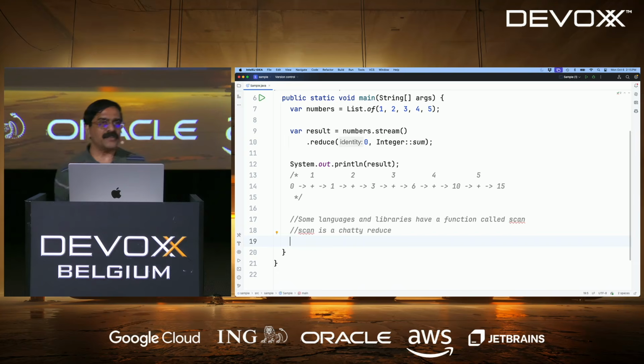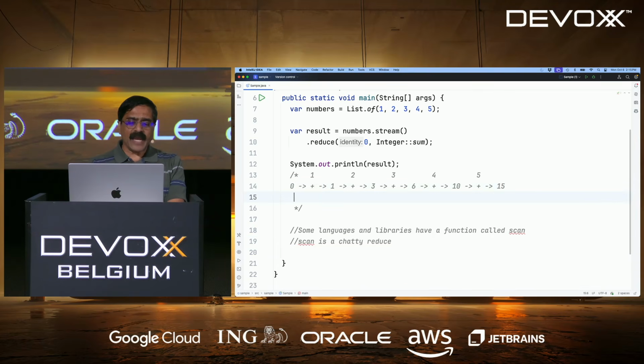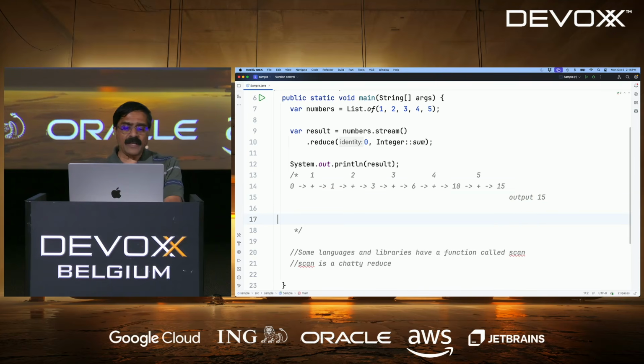A scan function walks through this collection as reduce does, but in the case of a reduce, the output is 15, the last value. That's not what scan does. Scan is very chatty. It's eager to tell you what's going on. It says 1, and then 3, and then 6, and then 10, and then finally 15. It emits the intermediate values along the way.